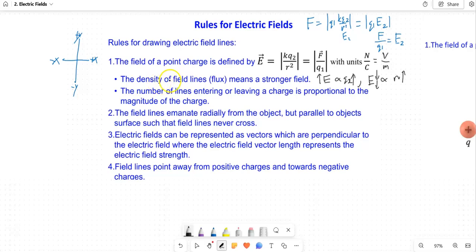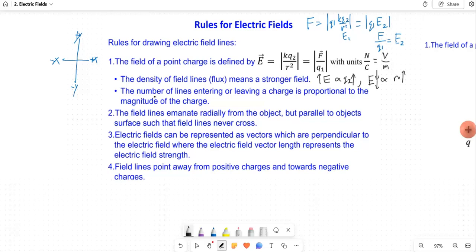We'll talk about electric field lines and their density, but essentially these two rules mean this. The number of electric field lines entering or leaving a charge is proportional to the magnitude of the charge, right?